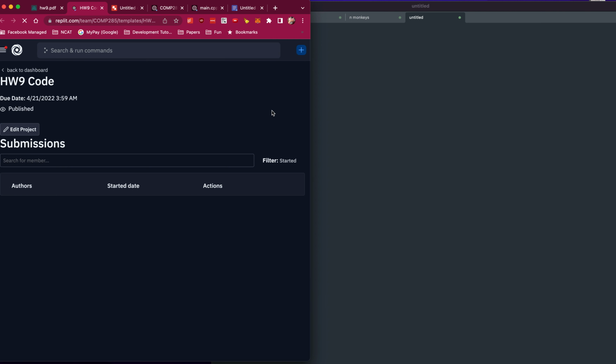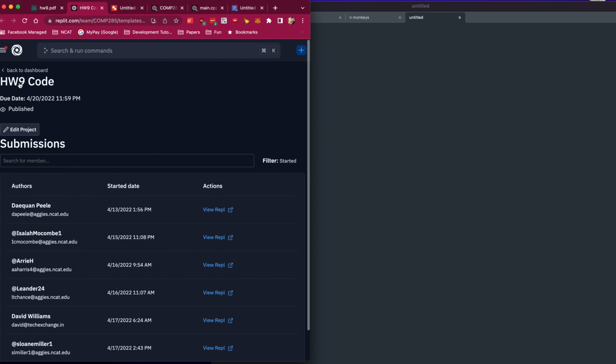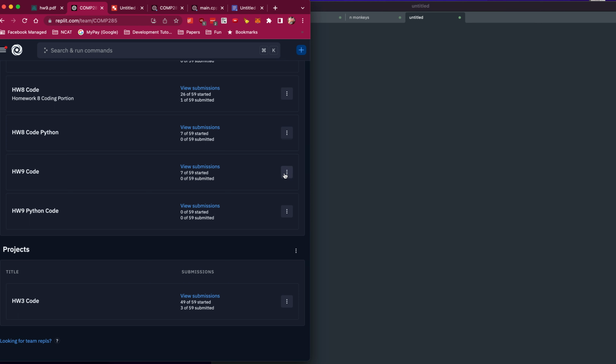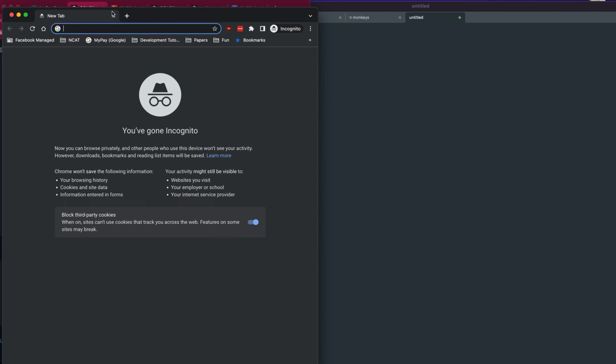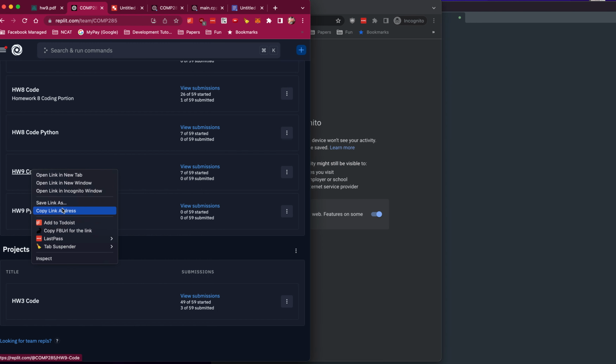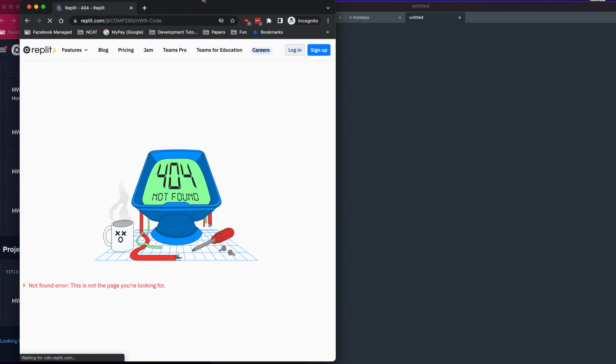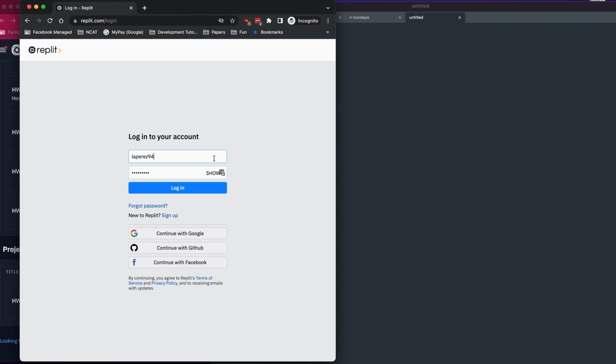So the coding portion is actually a little bit shorter than the others. And I'm going to see if I can log in to a different account so I can actually show you guys what this looks like.